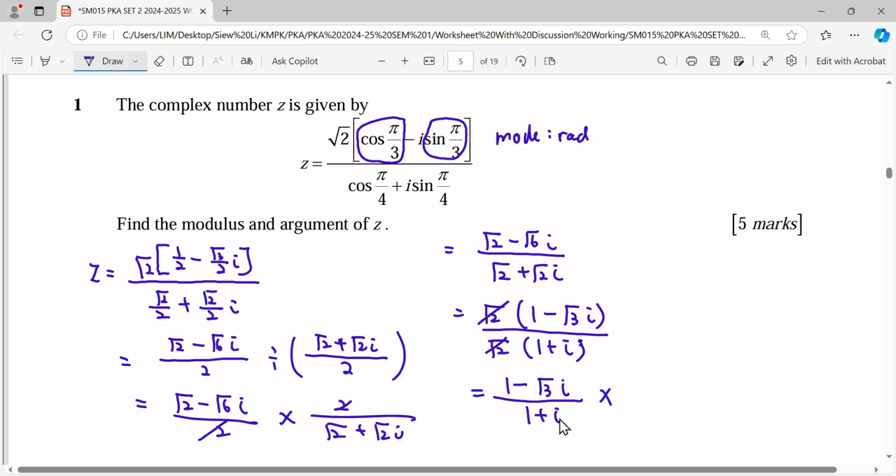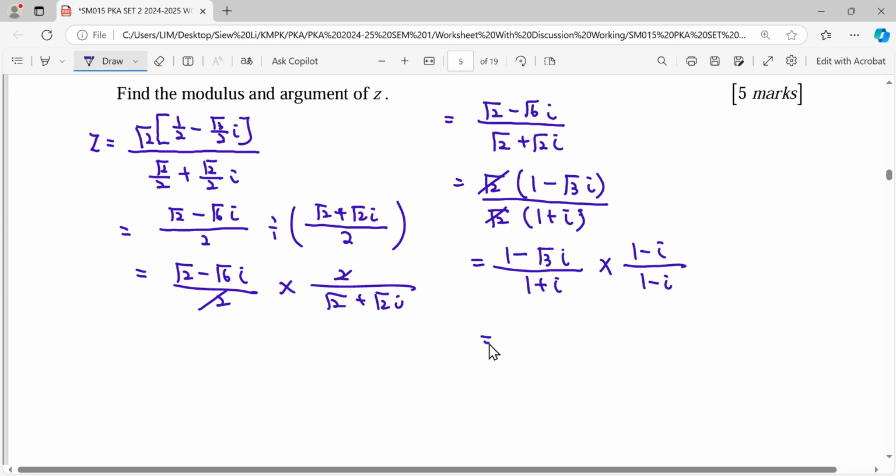So still have the complex number in division. Therefore, we multiply with its conjugate to simplify this division of complex number. So complex number multiplied with its conjugate, it will be a squared plus b squared. So a is 1 square, b is 1 square. Then for numerator, we expand here.